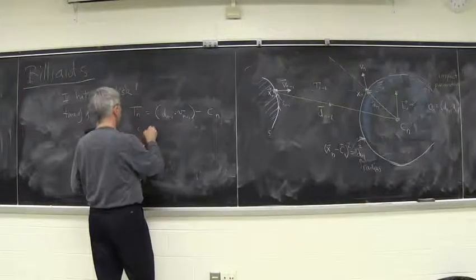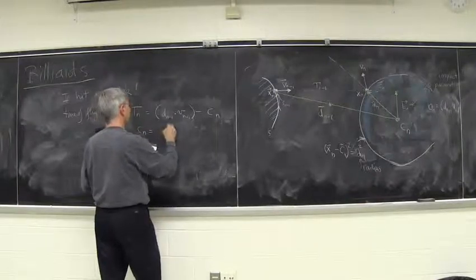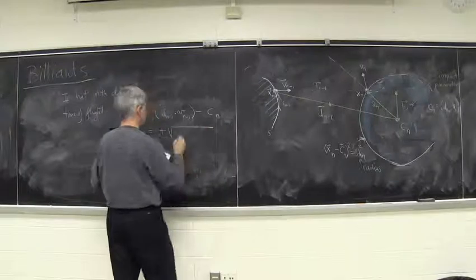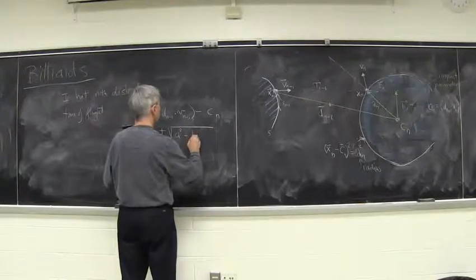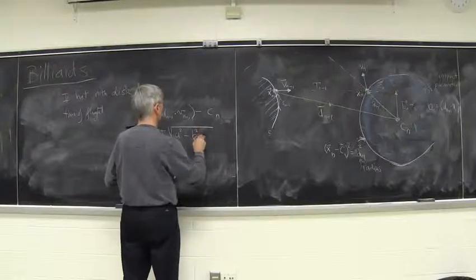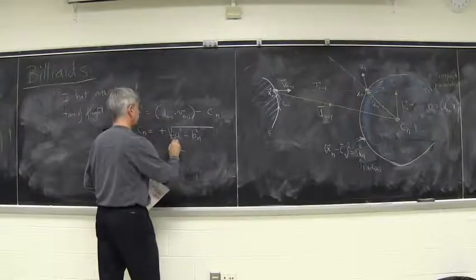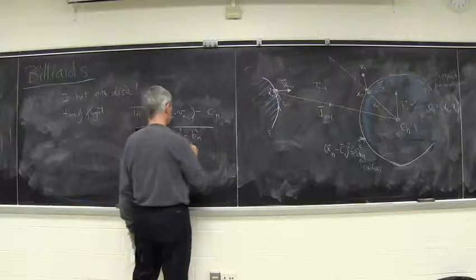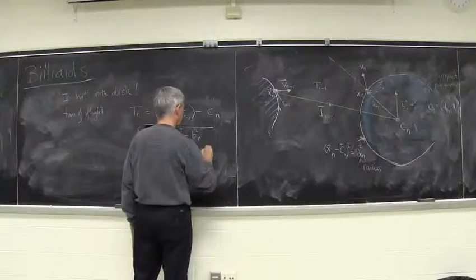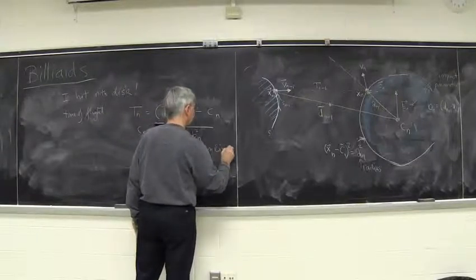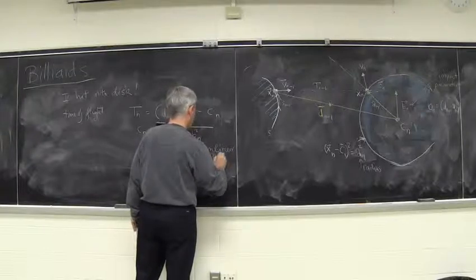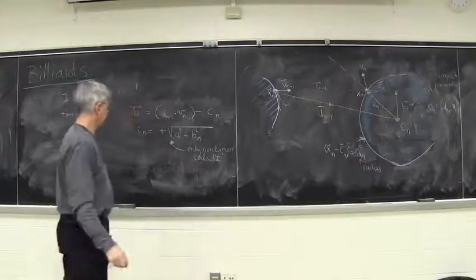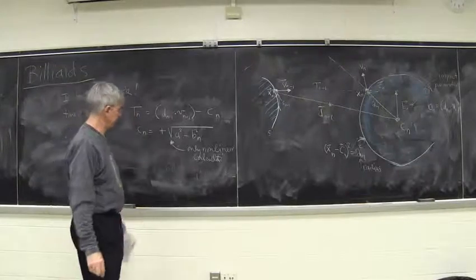And c of n is the positive root of a squared minus b squared n. So this is the only difficult operation, the only nonlinear thing. So to find time of flight, you need the root.